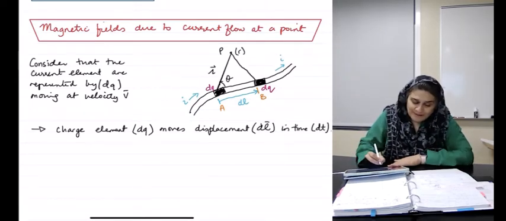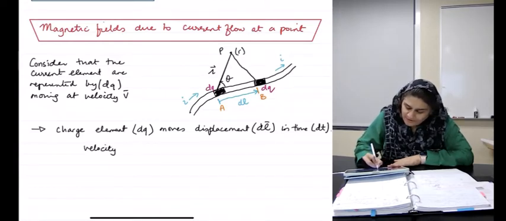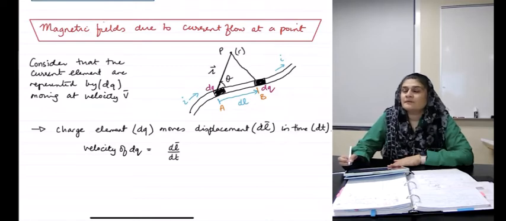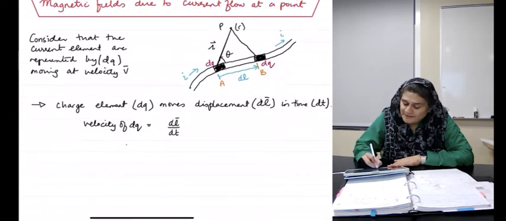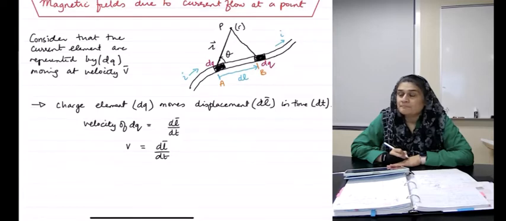Then can I write the velocity of dq is dl over dt? May I write this as v equals dl over dt? May I multiply both sides with dq? Will it make any difference?